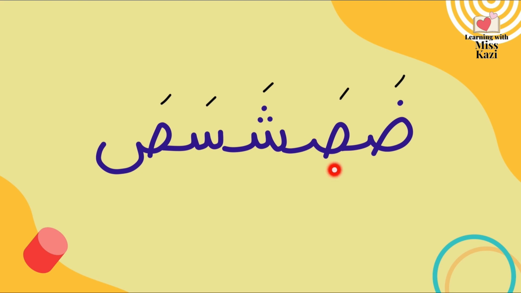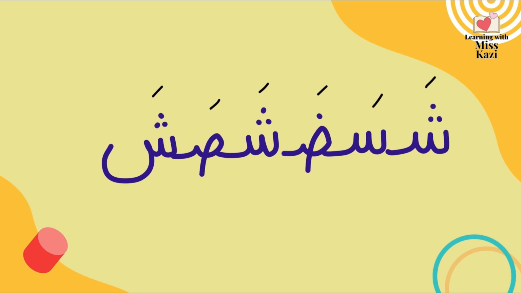Is this the letter Daad? No, it has no dot, so it is saw. Sha, sa, sa. Is this sa? No, it is not. It is our muscle. It is the letter saw.